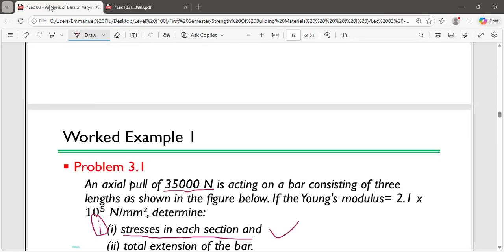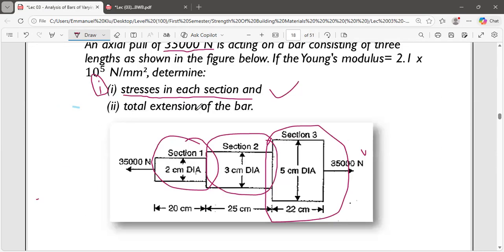So from here, we are now going to be calculating for the total extension of the bar. The total extension is also denoted as this, as we are seeing over here. That is the formula for the total extension of the bar.